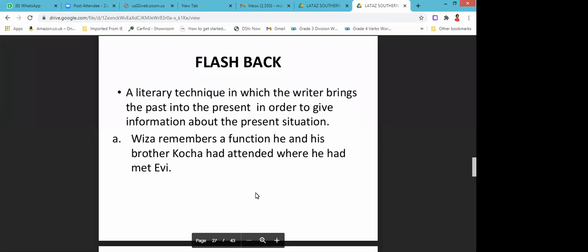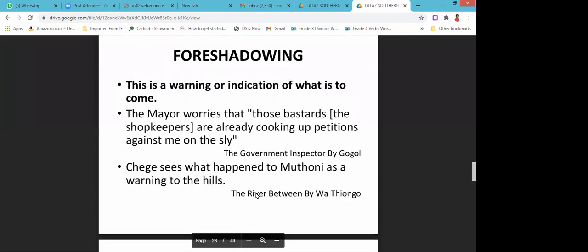The author must give that background information, and he can do so, or she can do so, through a flashback. For example, Wiza remembers meeting Everilda at a function where he had attended with his brother, as he tries to recall who this beautiful eighth wonder of the world is.